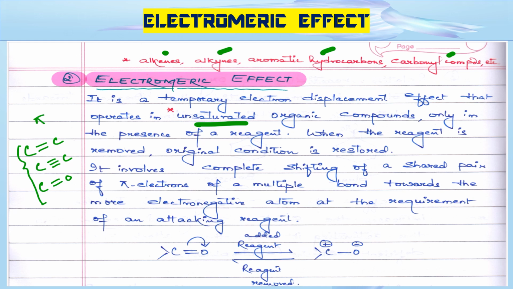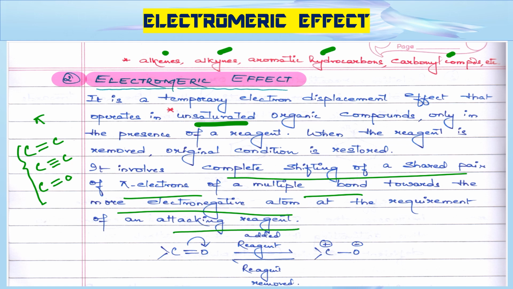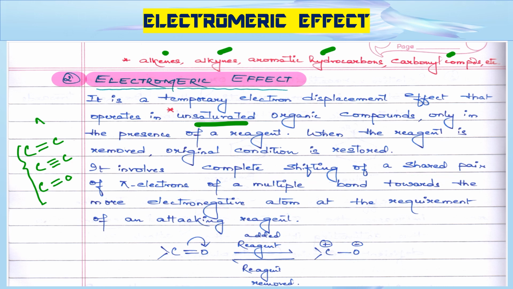This is exactly what happens during an electromeric effect. It involves complete shifting of a shared pair of pi electrons of a multiple bond towards the more electronegative atom. But the main condition is that all this shifting will take place only in the presence of an attacking reagent.